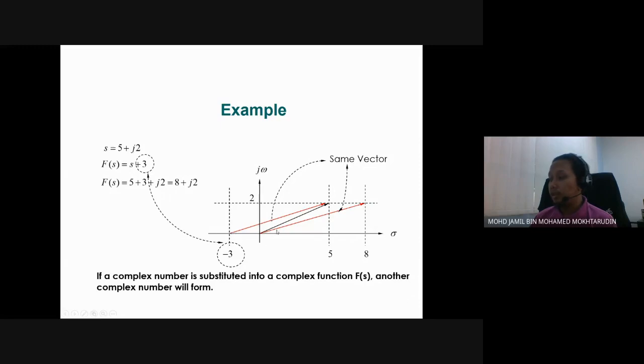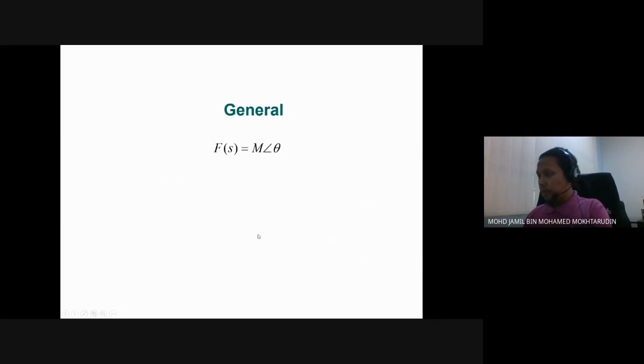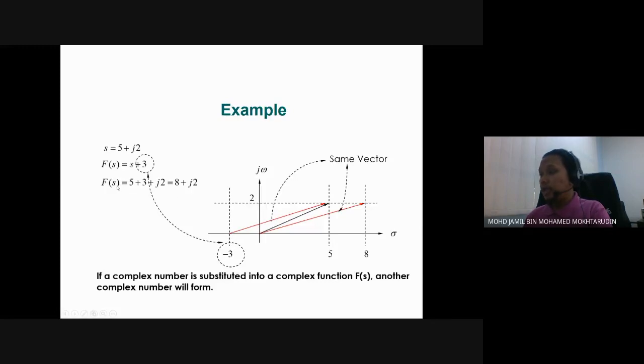So here, the original complex number starts at origin 0. But when you substitute with a different complex number s, then it will start at a new origin. And then you can determine the magnitude and angle of the new complex number.